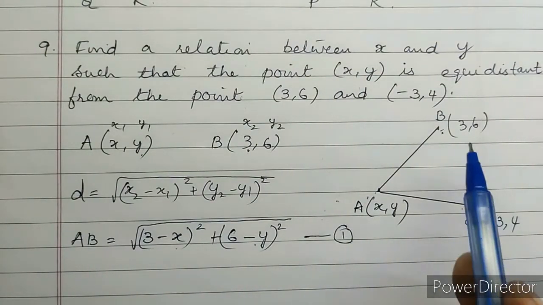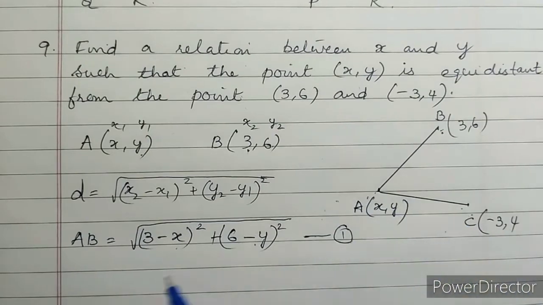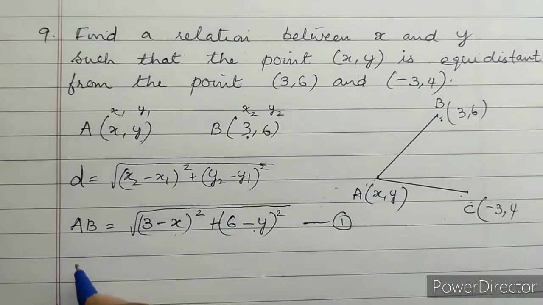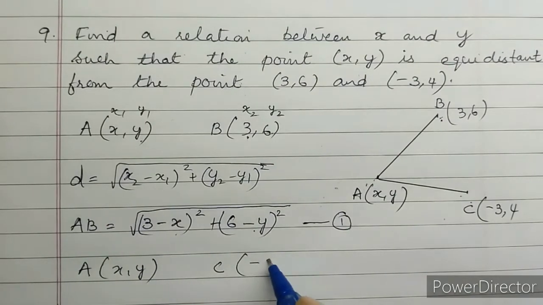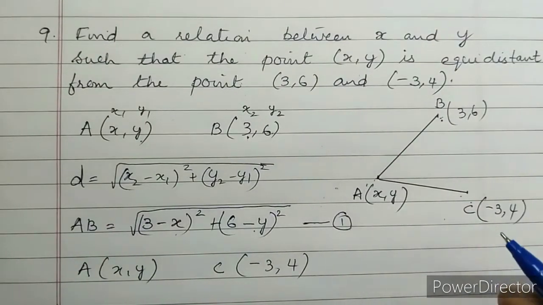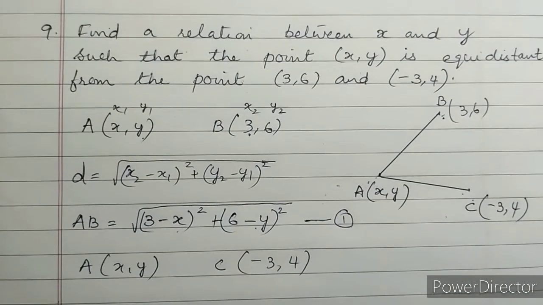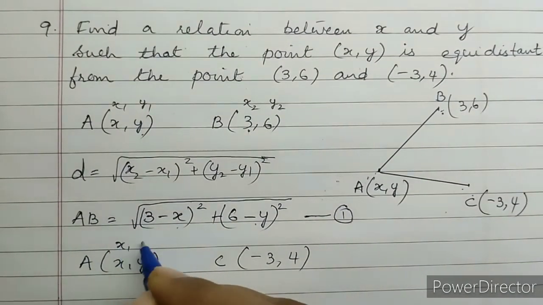Now what you have to find? You have to find AC. So first A, x, y and C minus 3, 4. Now mark it as x1, y1, x2, y2.